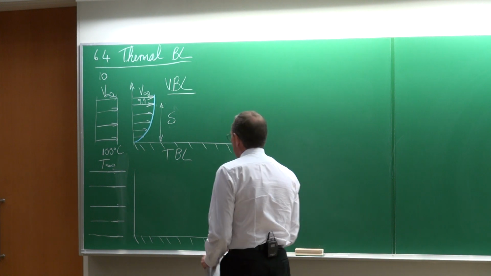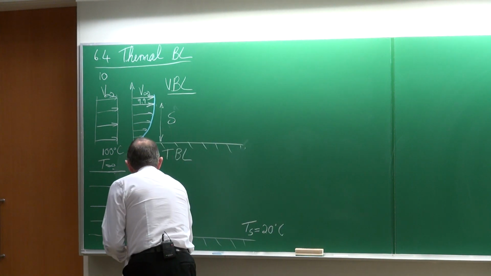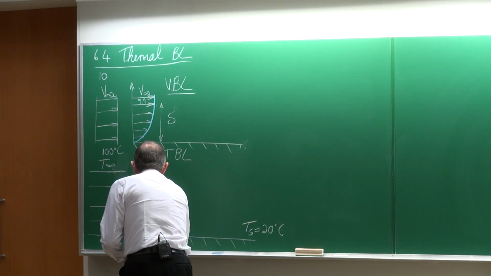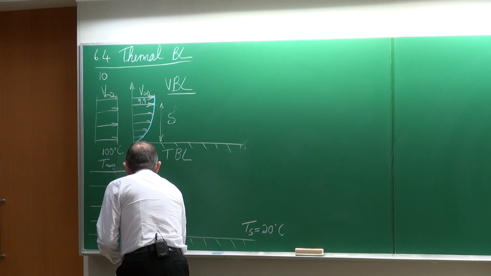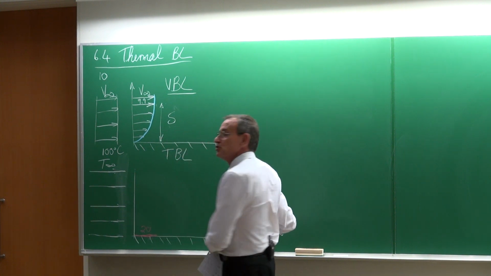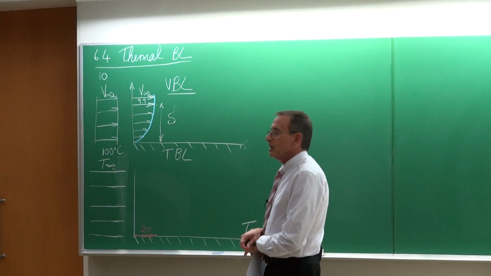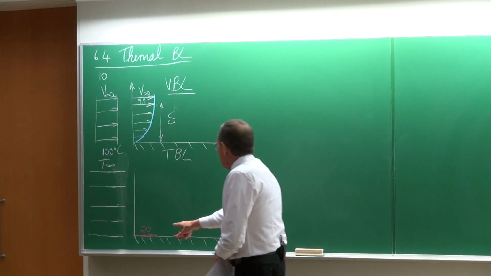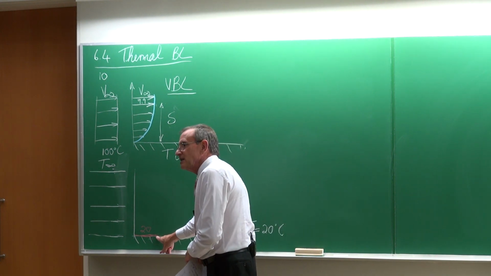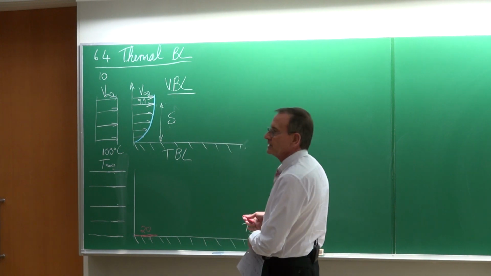So what will happen with the temperature boundary layer is that this distance will be 20, because that is equal to the surface temperature. Just like with the velocity, a no-slip boundary condition, this can't be 0 degrees because the plate is not at 0, it is at 20.